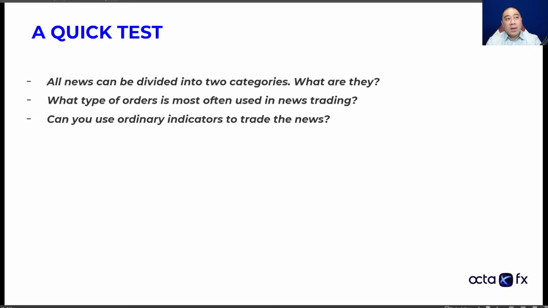And the third one, can you use ordinary indicators to trade the news? If I can have the answers, just to know that you are paying attention. Just waiting for the answer.